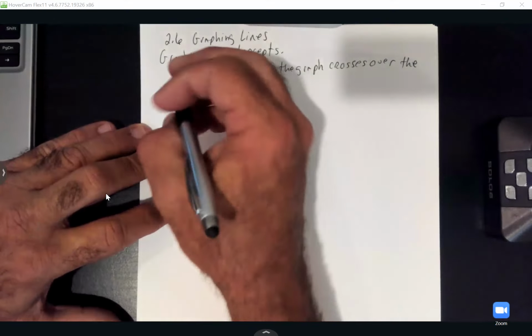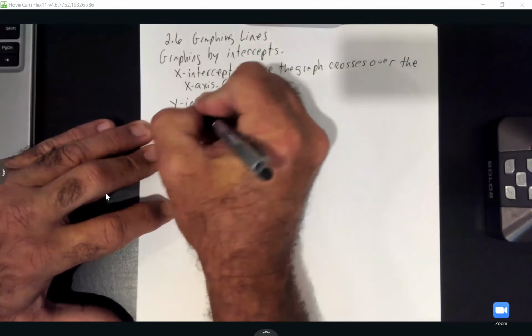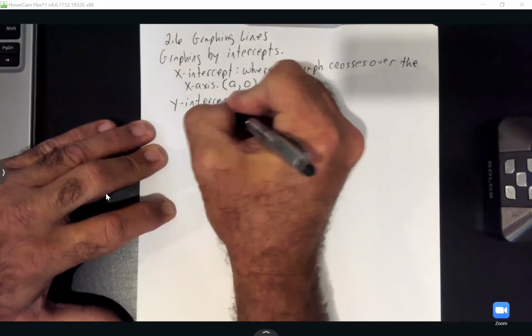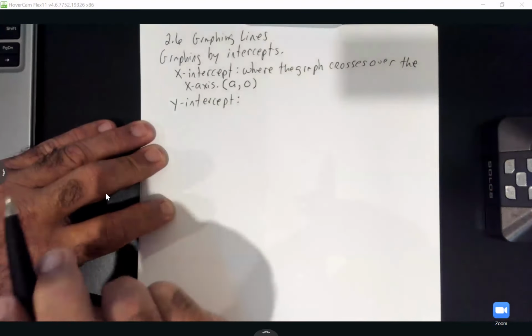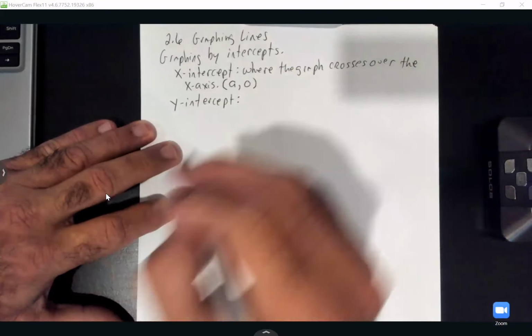Okay. The y-intercept, that's where the graph crosses over the y-axis.